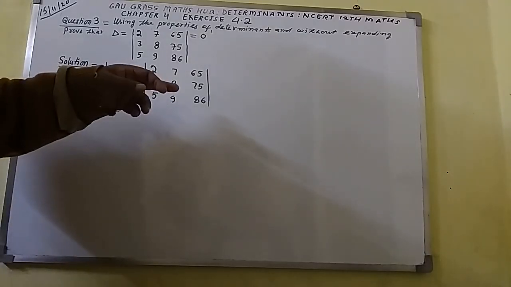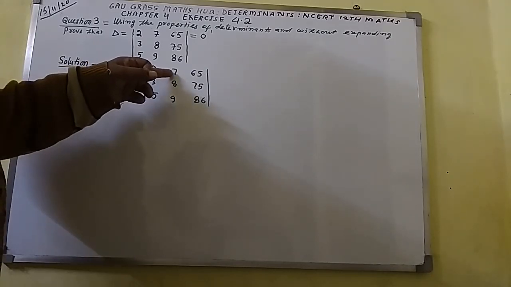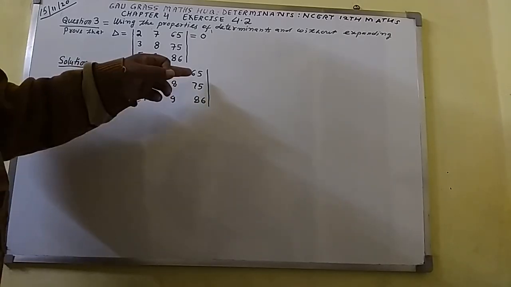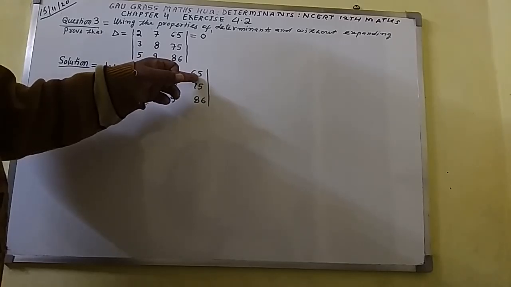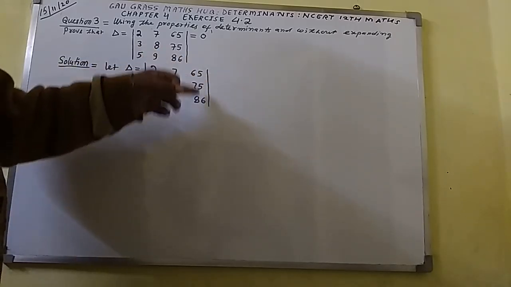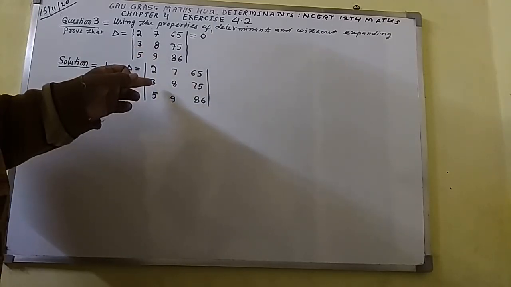So if you multiply 7 by 9, it comes out to 63. 65 minus 63 comes out to 2 here. This column will be identical later on. Therefore, this determinant comes out to be 0 here.